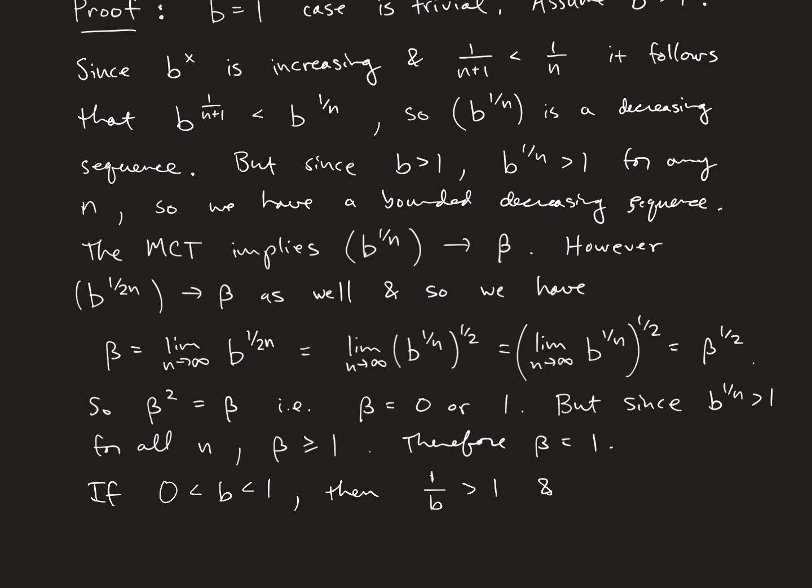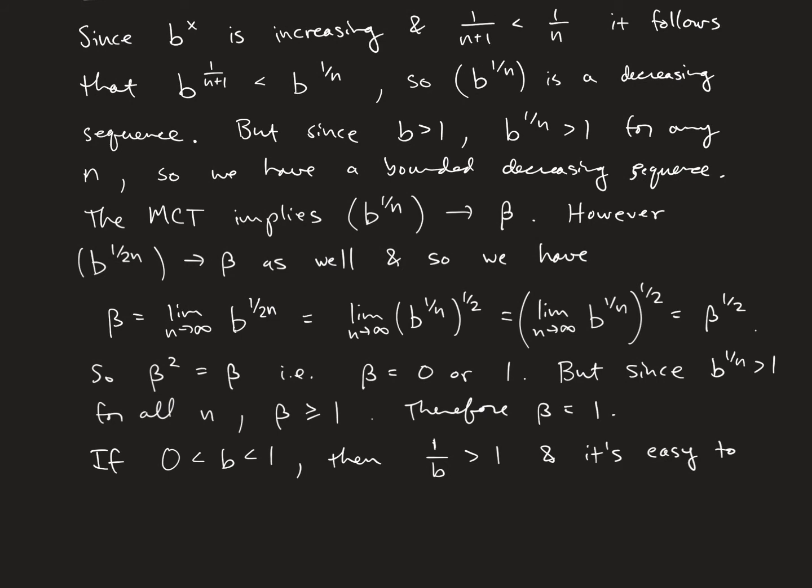And it's easy to use this to get the same conclusion from the previous case. I'll leave you to work that out if you'd like. Okay, so we just use the previous theorem with 1 over b as our b, and you'll see that it works out.